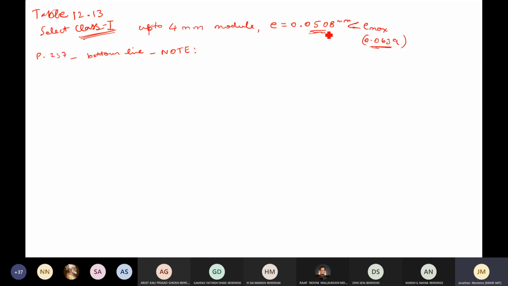For that value you have to take the dynamic load. Now this condition is satisfied. This is okay with us. 0.0508 is the maximum error, and here it is the permissible or maximum allowable error.